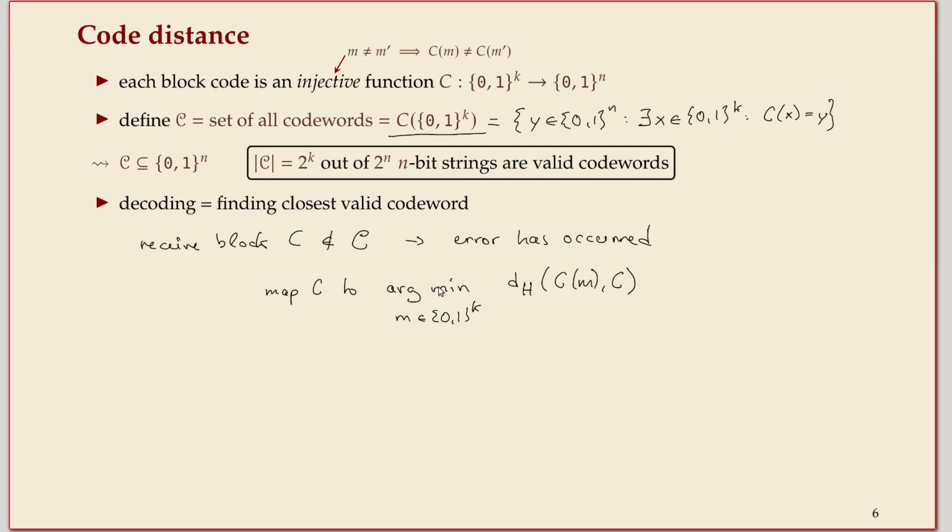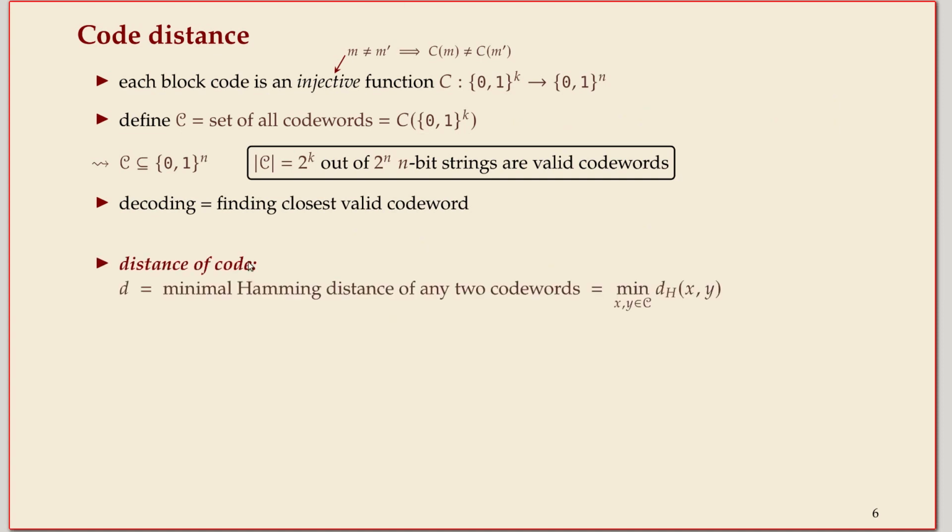So argmin is just a way of saying the result of this whole expression should be the value m for which this was minimal. So we're trying to find the message, we're trying to decode this invalid code word to the message whose correct code word is closest to the one that we received. That's a fancy way of saying find the closest valid code word and decode as if you would have received that code word.